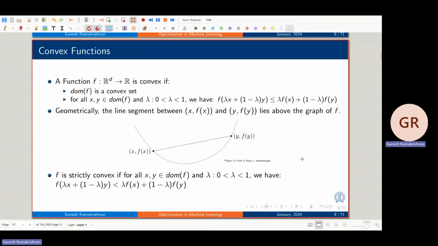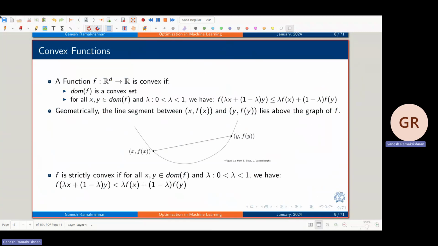Okay, now we move on to convex functions. And we'll do a little bit more on sets as we develop further on functions. The definition of a convex function is inherently tied to a convex set. A function f is convex if the domain is a convex set first.